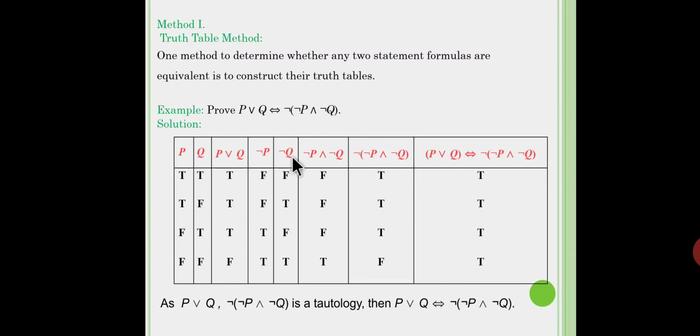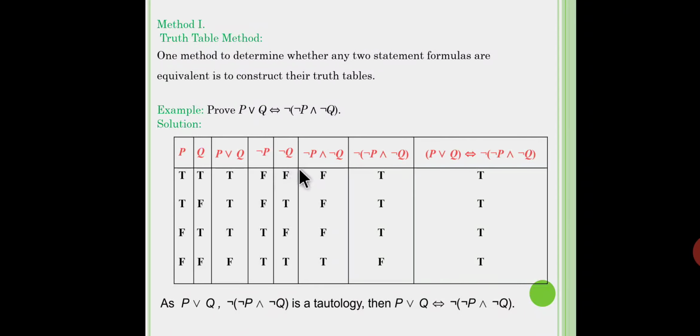The negation of Q has truth values false, true, false, true. In between ¬P and ¬Q, the connective is conjunction. So what is the rule of conjunction? If both ¬P and ¬Q have truth value true, then this compound statement has truth value true, otherwise it is false.